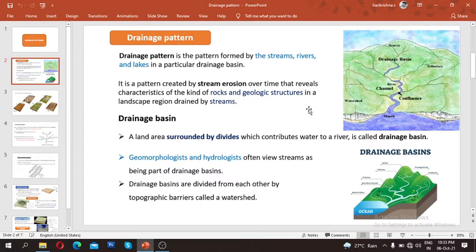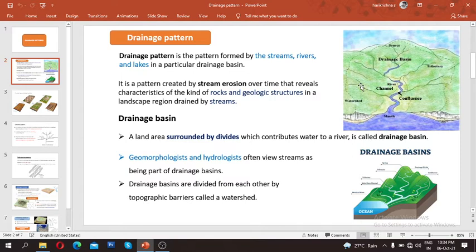It is the area surrounded by various divides. Here you can see the water is coming to this. This is the main stream. This blue color is the main stream, which is from a mountain to, maybe an ocean, sea, or whatever it is. The water is from a mountain. Now we consider the water is moving like this to this sea.